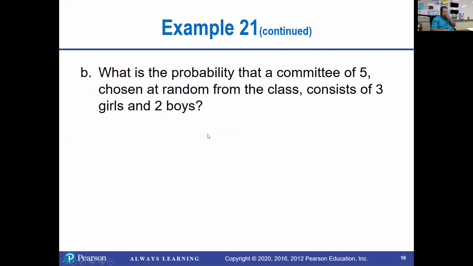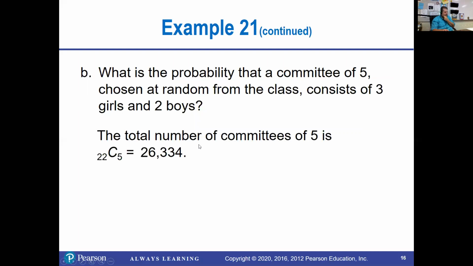And then the only difference to finding the probability of the combination is once you find the combination, here's the combination of what we were talking about. Same problem.